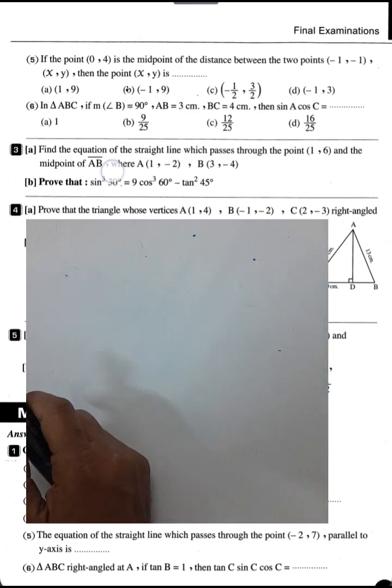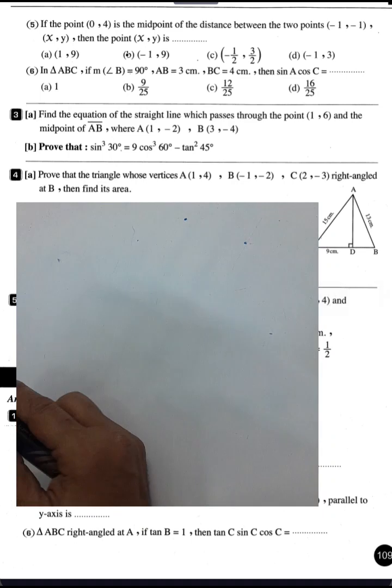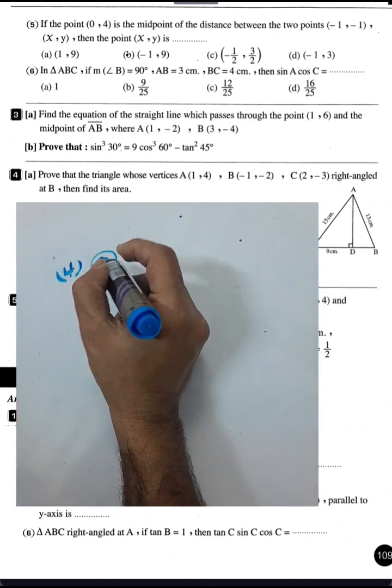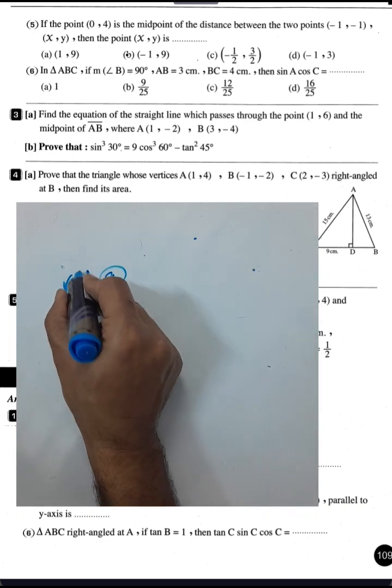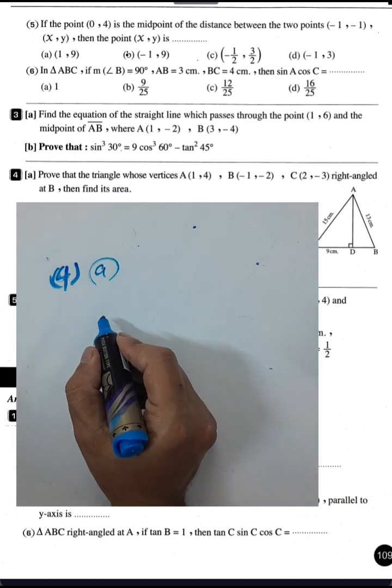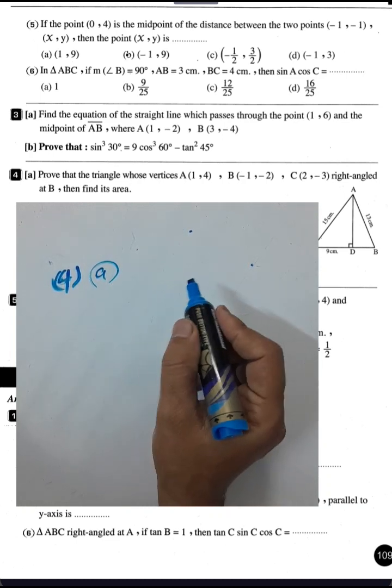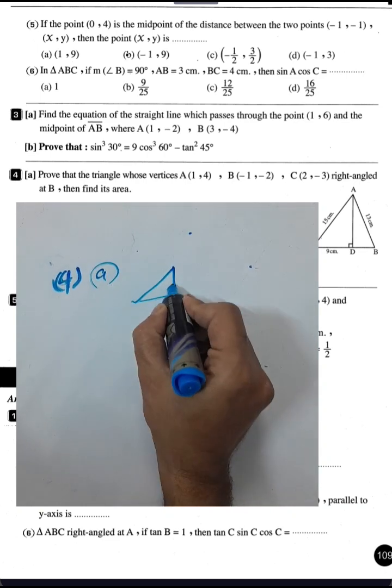Next, question number 4, letter A. Prove that the triangle whose vertices are A, B, C is a right angle triangle at B. We can prove that by two methods.